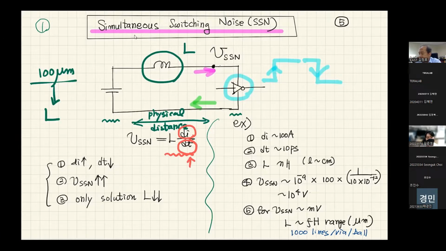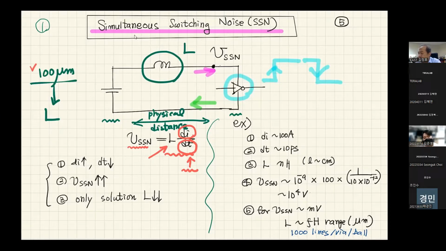So this L di/dt is going to be extremely high. The only solution to minimize the simultaneous switching noise is reducing L. As I mentioned before, even 100 micron length is our problem.